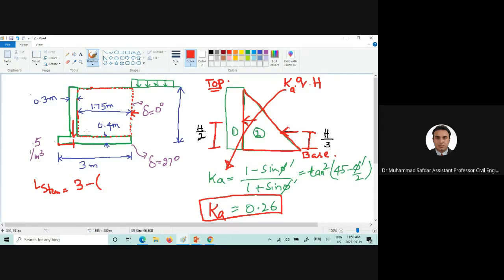So we need to subtract 1.5, and we also need to subtract the half part of the stem, which is equal to this. Here it's 1.9, so we'll come up with 1.1 meter, and that distance, or the lever arm, is equal to 1.1 meter.